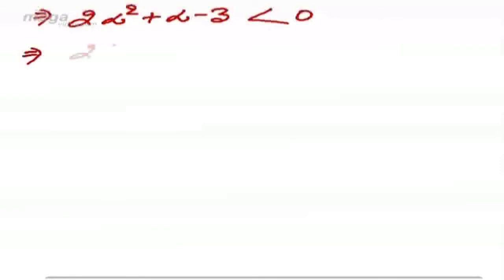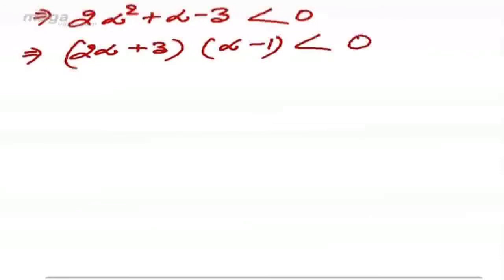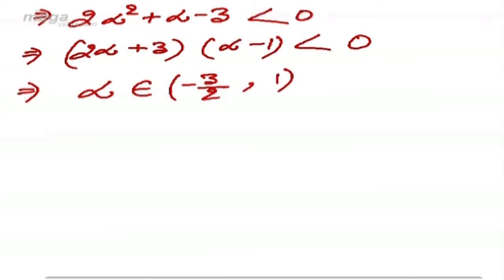So, we will get 2 alpha plus 3 into alpha minus 1 is less than 0. From here, you will get alpha belongs to open interval minus 3 by 2 to 1. This we will suppose as fifth equation.